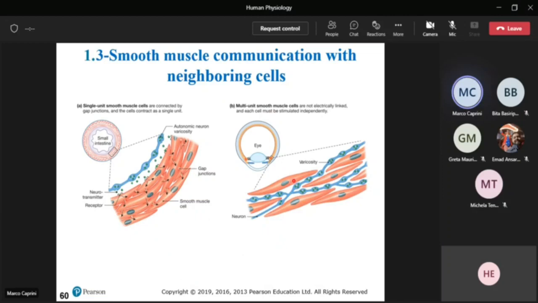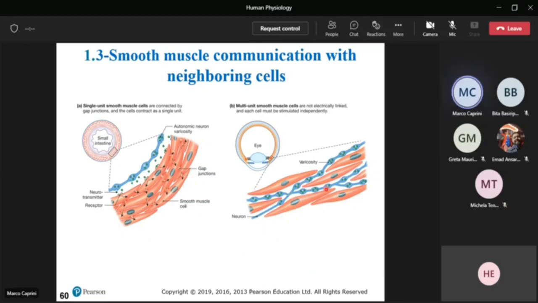The gap junctions are not present. And they must be stimulated independently in order to contract. And you can see the varicosity here in the deepest part of the smooth muscle.